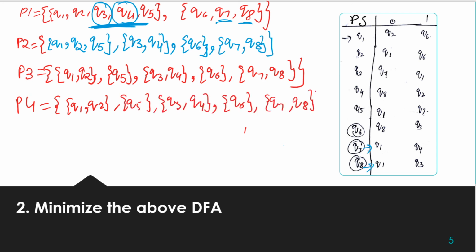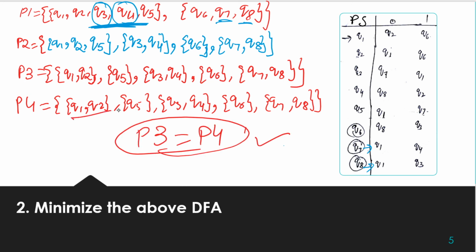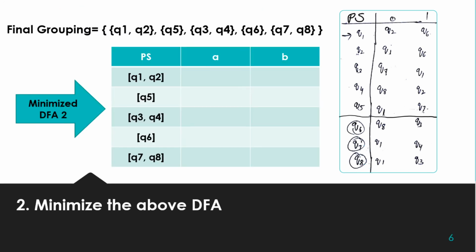I am not calculating partition 4 again, because we have to repeat the same process. So as partition 3 is similar to partition 4, we can conclude that these are the final grouping of the minimized DFA. We are getting 1, 2, 3, 4 and 5 states for the resulting minimized DFA.